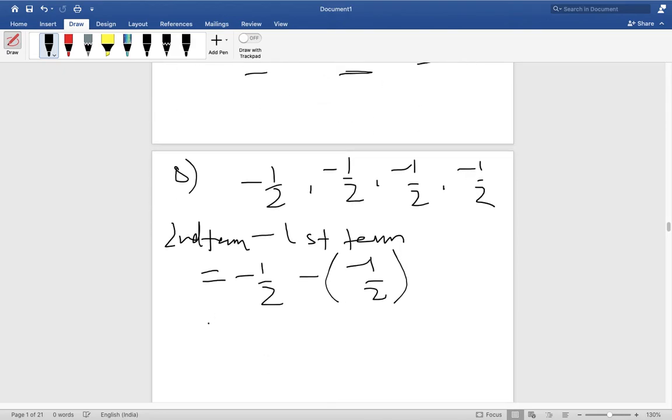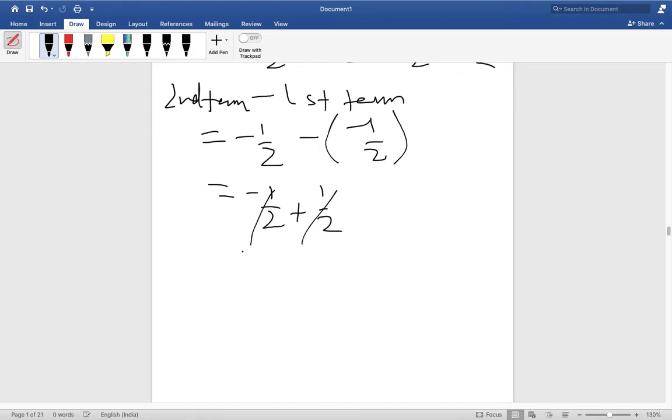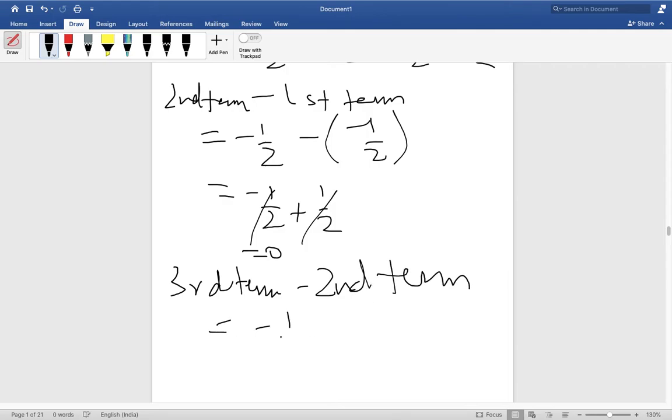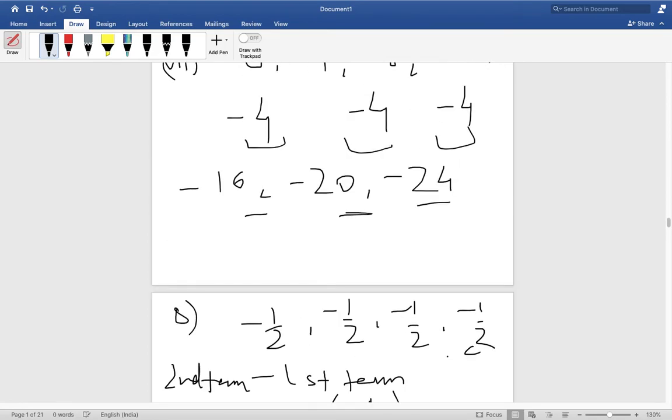When two same terms are subtracted from each other, what will you get? 0. Minus minus plus, so these will cancel. You get 0. Third term minus second term, again, what will you get? Minus 1 by 2 minus minus 1 by 2. This will be again 0. Similarly, the difference of these two will be 0.